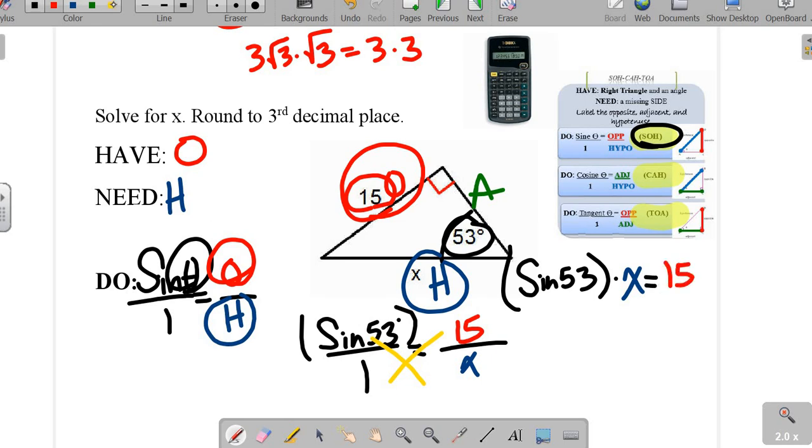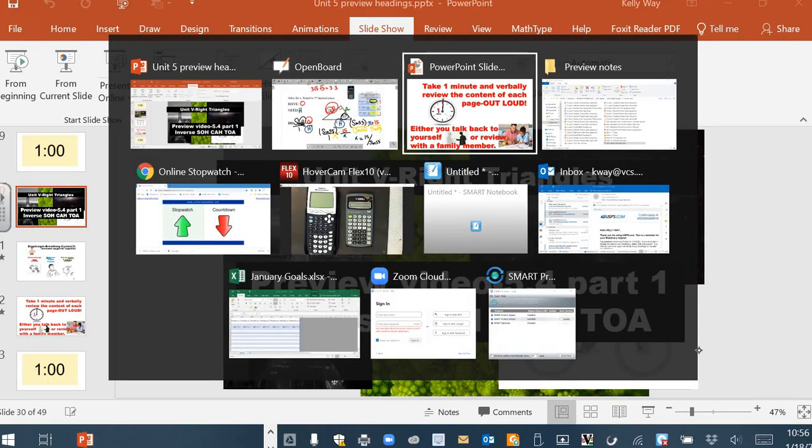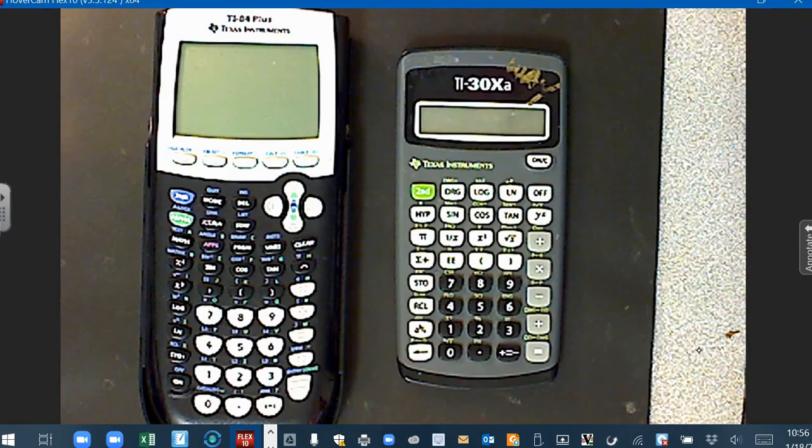We want to get x by itself before we touch a calculator, so we're going to divide sine 53 by sine 53. So our x equals 15 divided by the sine 53 degrees. 15 divided by sine 53. Calculators, friends, just as a reminder, make sure you're in degree mode here.